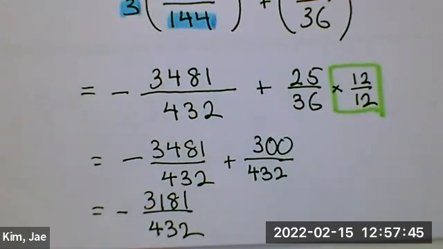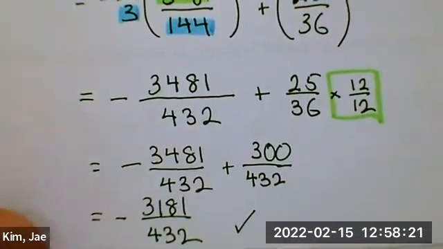Nope. 4 doesn't work. 5 doesn't work. 6 doesn't work. 7 doesn't work. 8, nope, doesn't work. 9. 3181 divided by 9. Nope. I don't think we can reduce it. I think we're done.